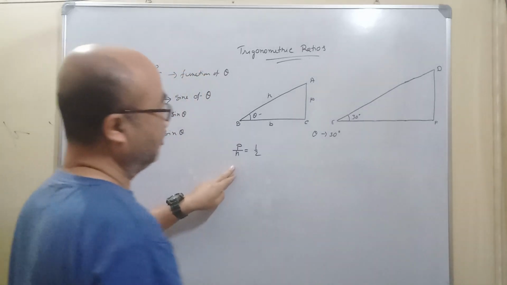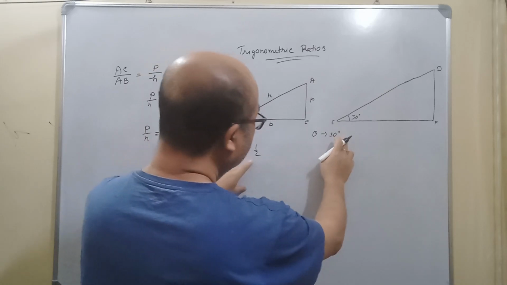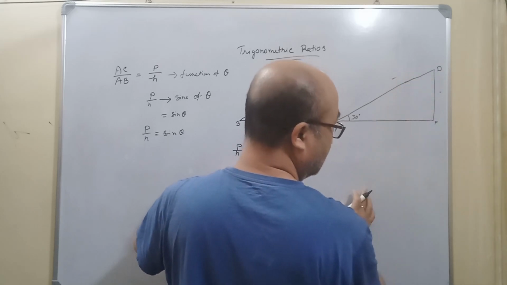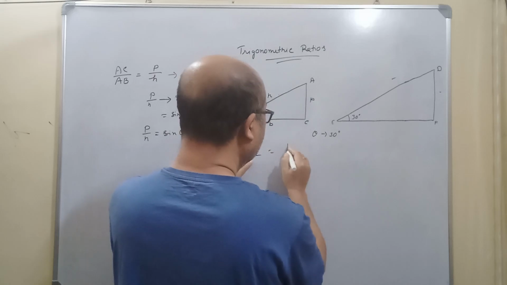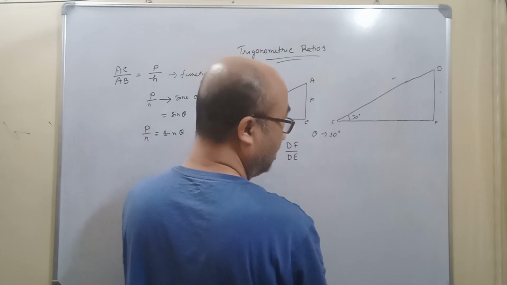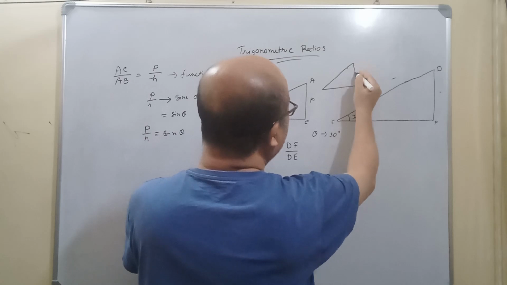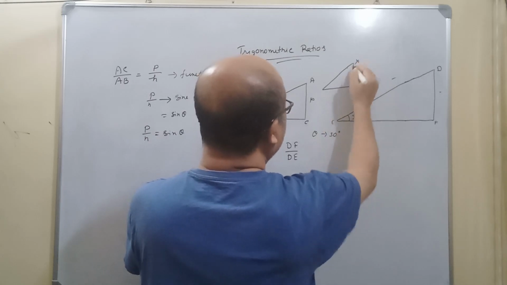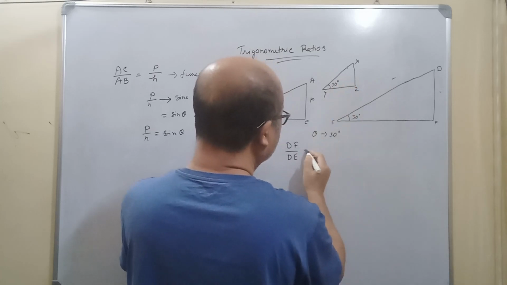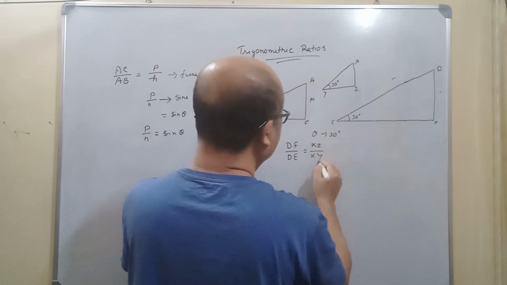Let us see. So if this is half, then it will be half for this triangle also. Okay? DF by DE also will be half. If we have a smaller triangle, suppose XYZ, where theta is 30 degree, then it is again half, XZ by XY.